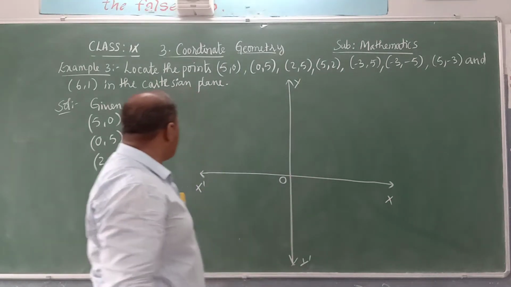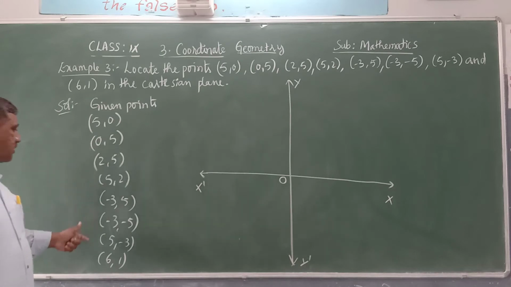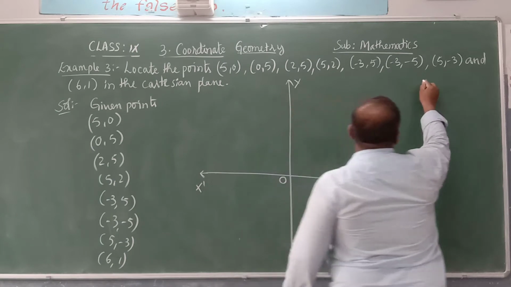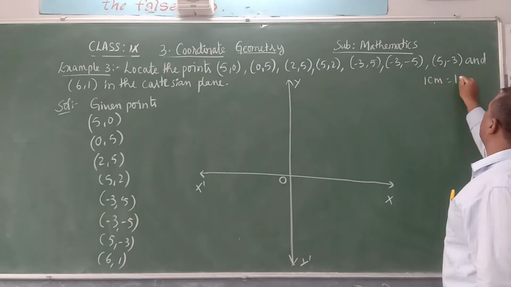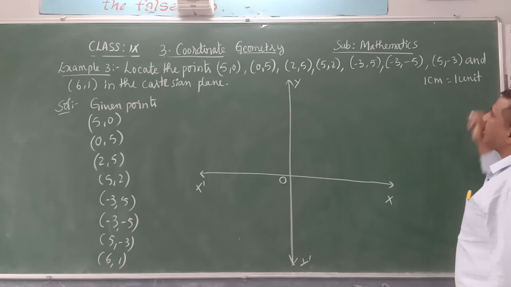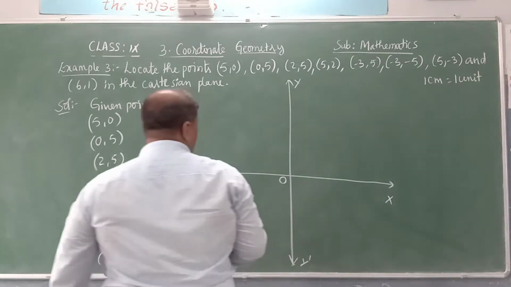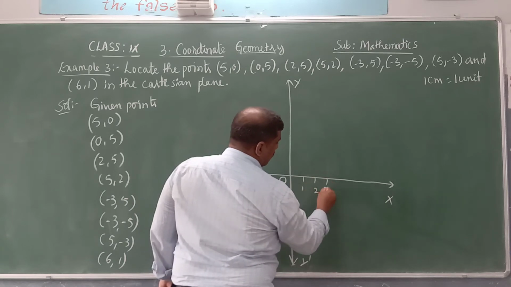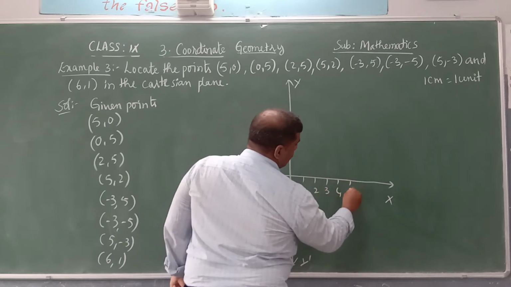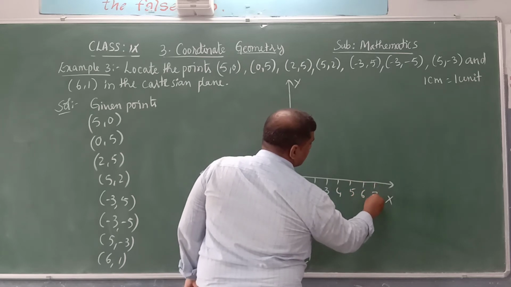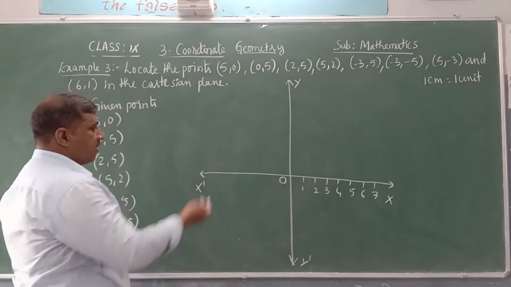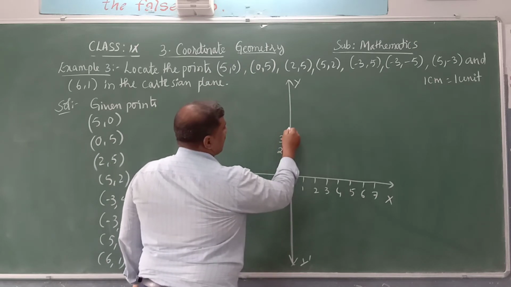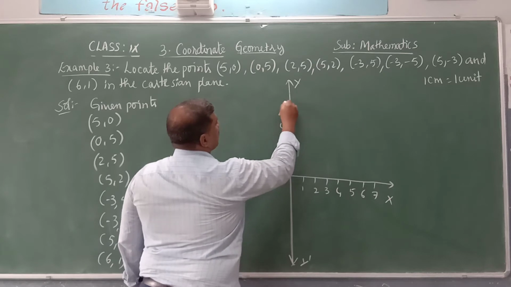So observe these points. All our values are small, so we can take the scale as 1 centimeter as 1 unit. Now see, write that as 1, 2, 3, 4, 5, 6, 7, and on the y-axis we have 1, 2, 3, 4, 5, 6.